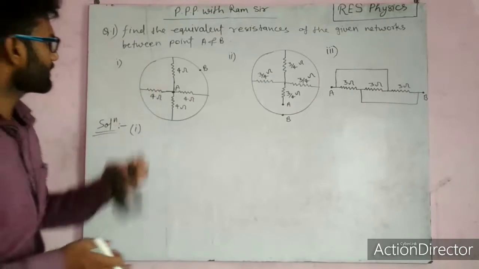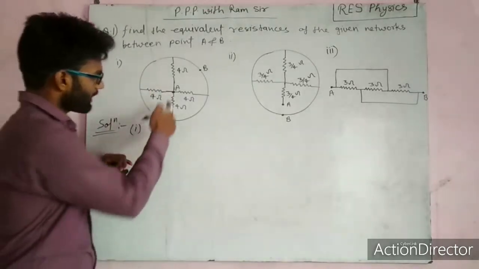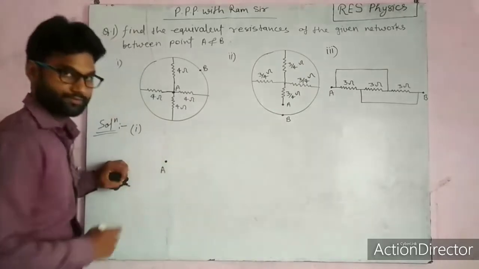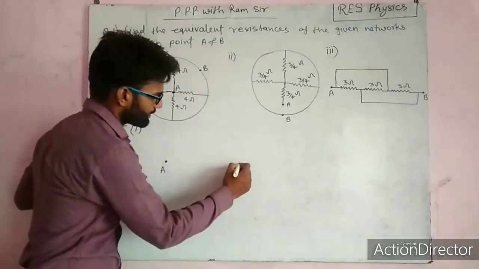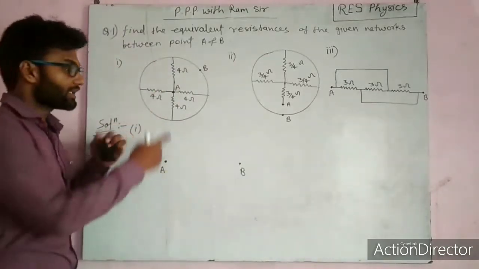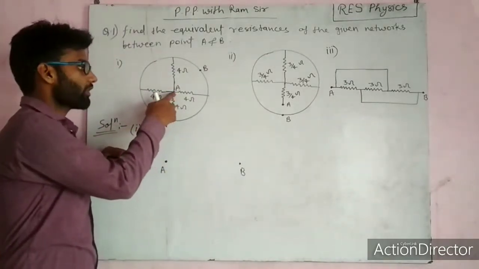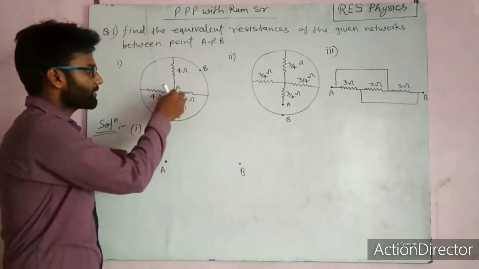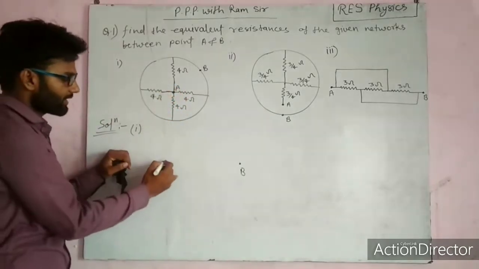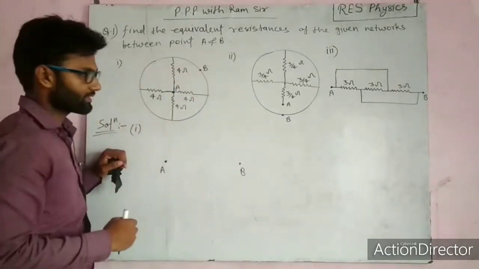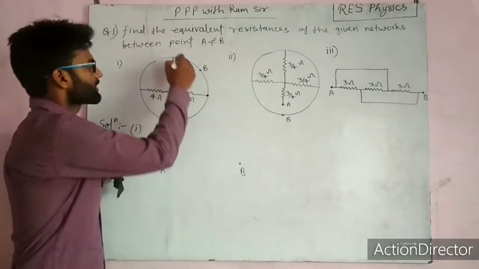So as you can see here, I am taking the first point, that is A, and another point, that is B, correct? As you can see, all these 4 resistances are connected with point A. That means one terminal of all the resistances is connected with point A. And what about the other terminal of the resistances, right?